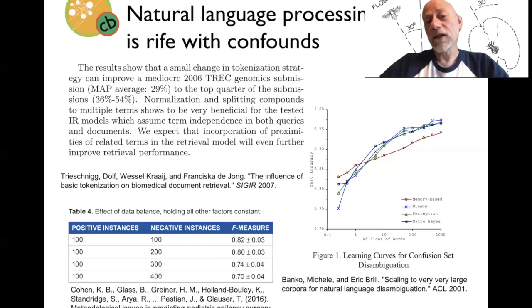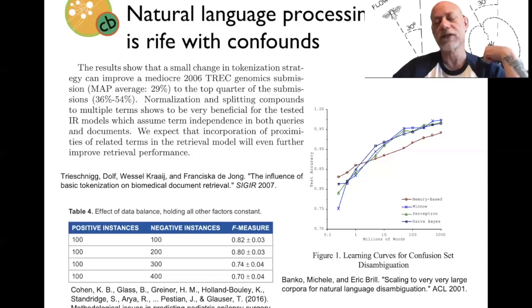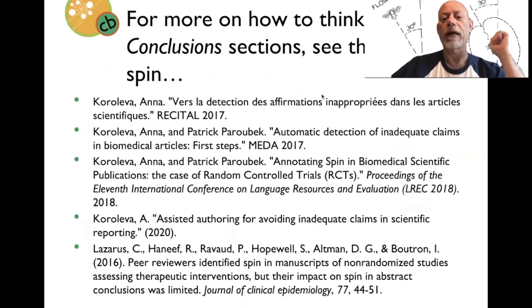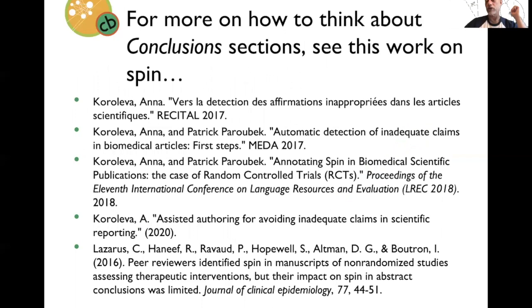So we've talked a lot about a number of fairly specific contexts, and I want to give you some pointers to things that you could read to learn more about them. When we talk about that question of whether or not the conclusion actually is relevant to the methodology that was answering a question, that is called spin when they don't match up.